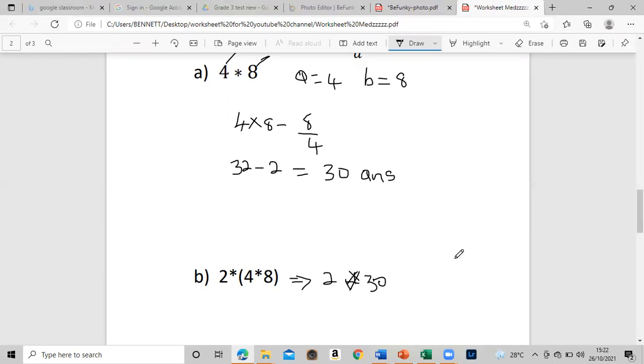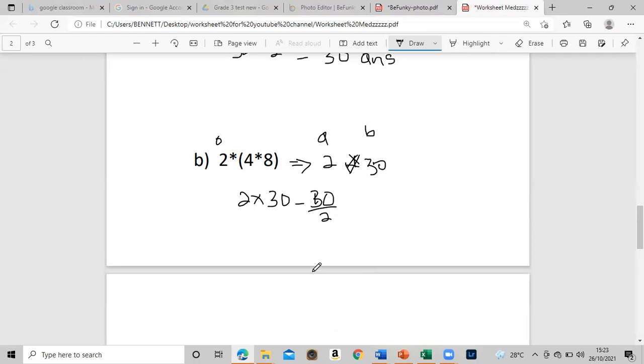Alright. What was the formula again? A times B. So that would be 2 times 30. So this is A and this is our B. And then we have minus B over A, which is 30 over 2. Alright, we could simplify now. 2 times 30.